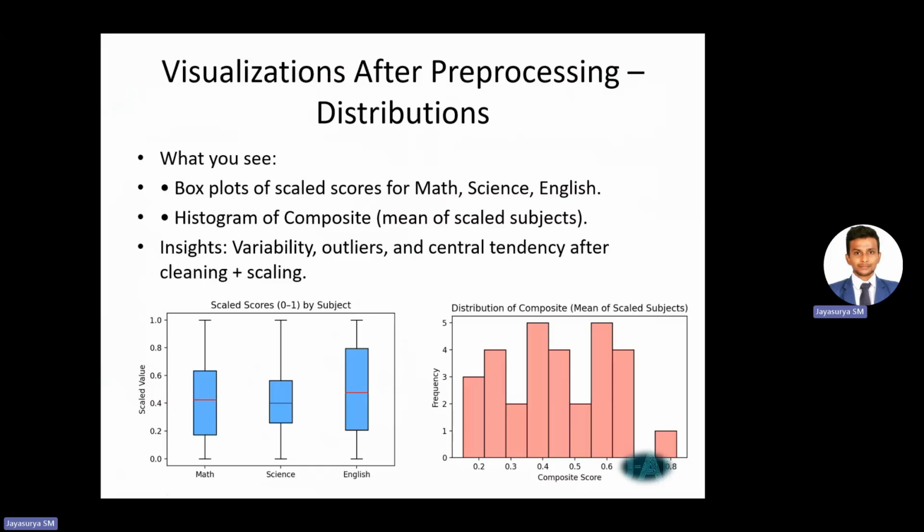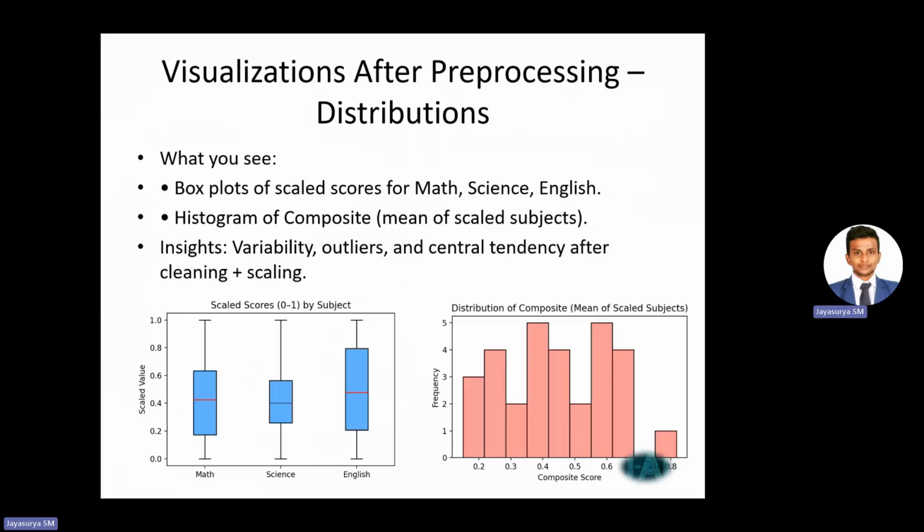And after this pre-processing, visualization helps us to understand how the data behaves. The box plots show us the score distribution for each subject, highlighting the median, spread and the potential outliers. For example, if one of the subjects' box is much shorter, it indicates less variation among the students.